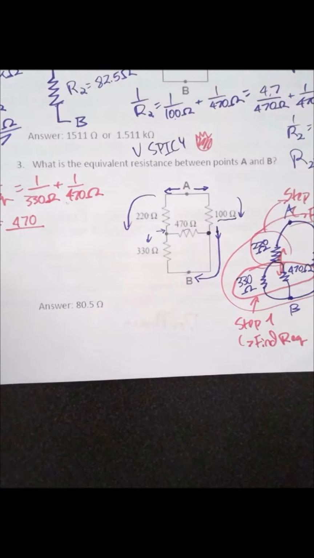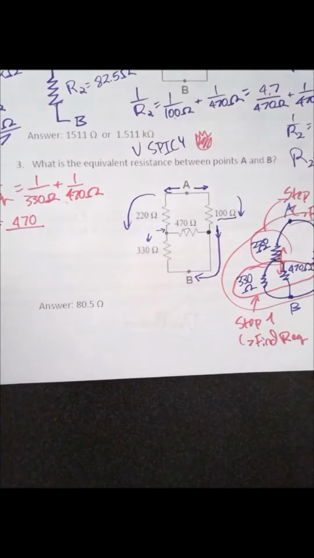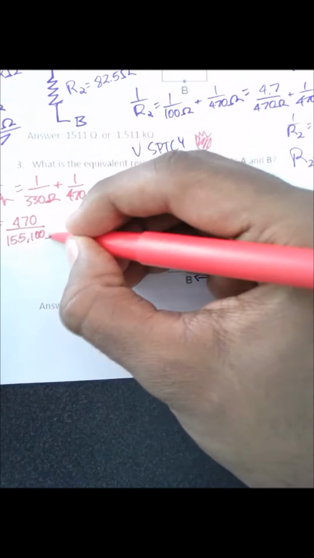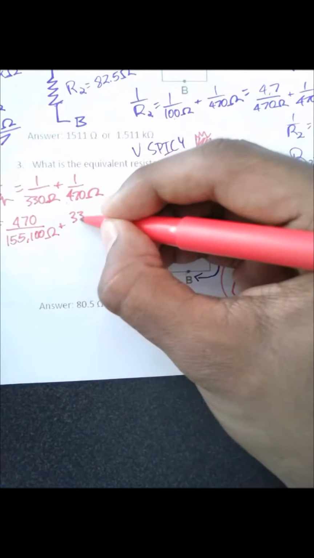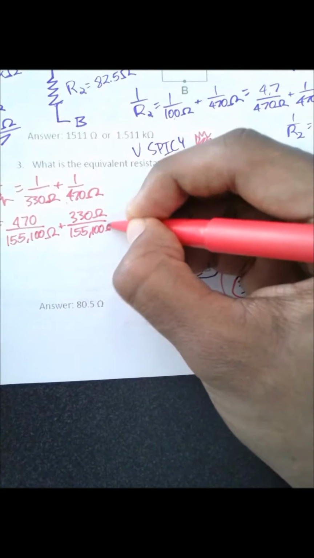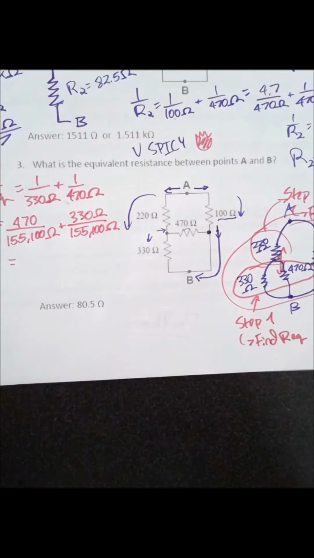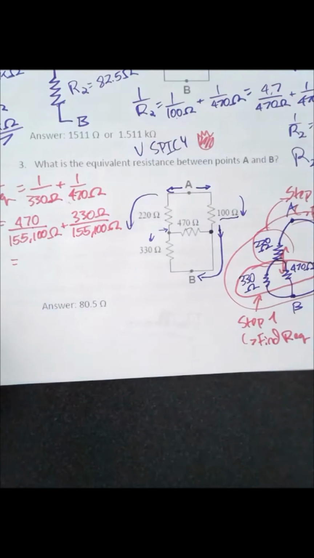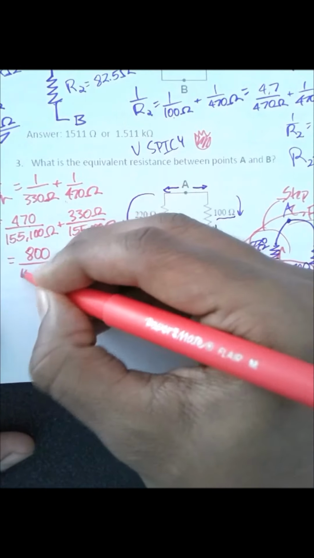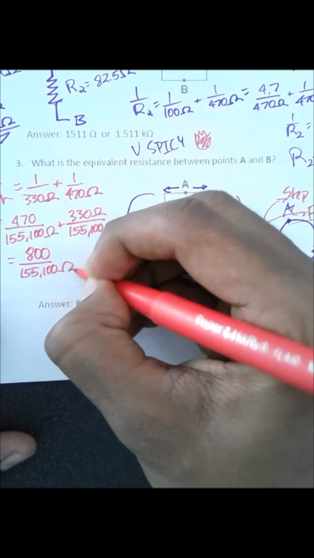330 times 470. Yeah, so over 155,100 ohms plus 330 over 155,100 ohms is equal to these two added together. So 470 plus 330 over 155,100 ohms.